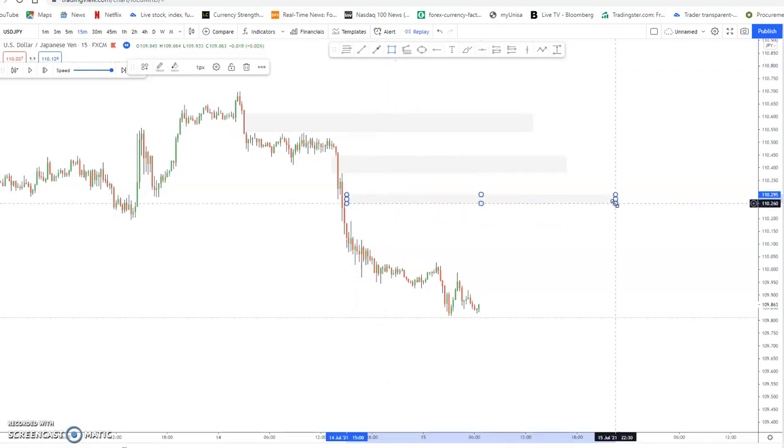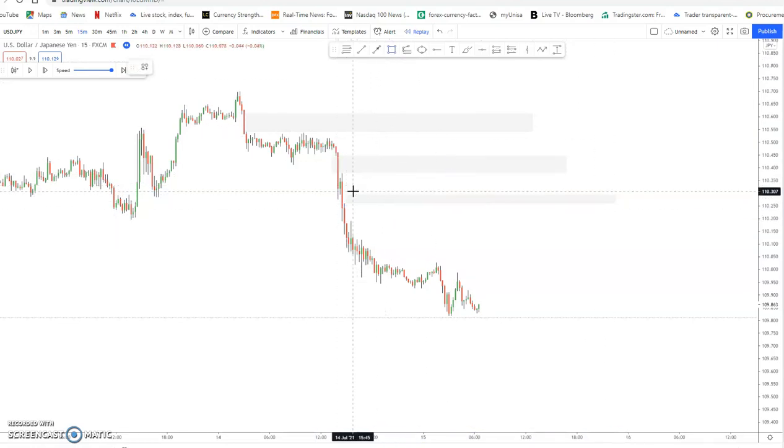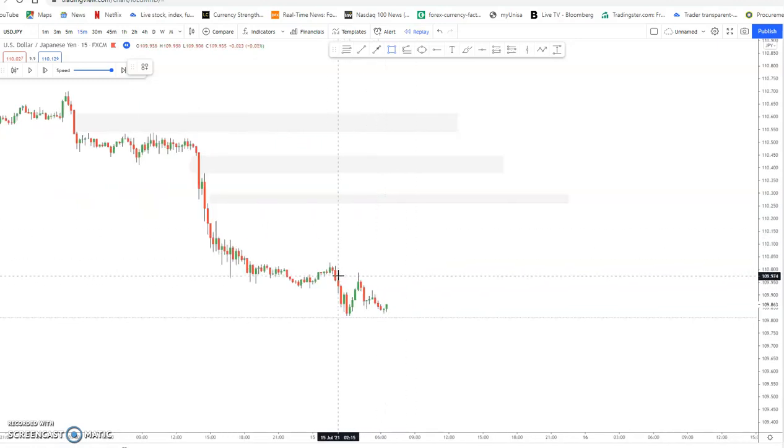There's a minor imbalance. That's not an imbalance. Yeah, this wick and that wick are kind of touching. There's no imbalance there. This is efficient price, no imbalance. There's an imbalance, but it gets filled over here. So imbalance, filled.